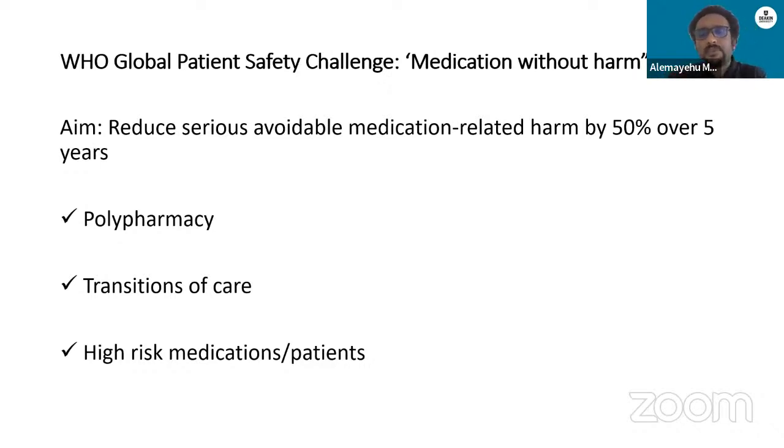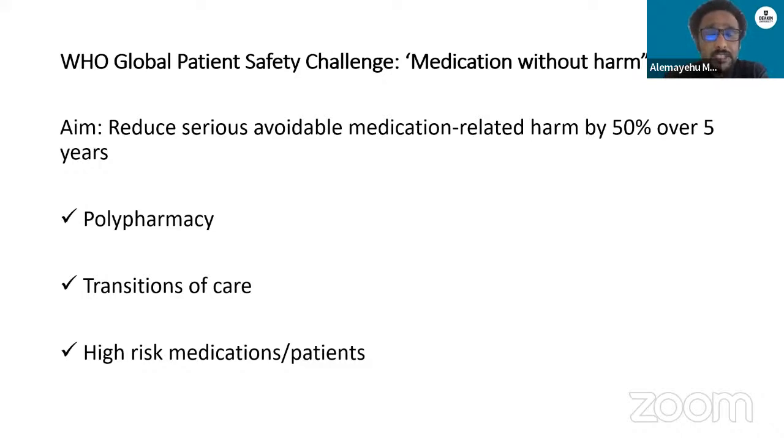The time frame differs from country to country because it depends on when they started their policy implementation. But the aim from the WHO is to reduce avoidable medication-related harm by 50% over 5 years.